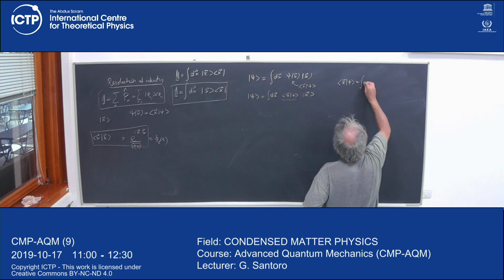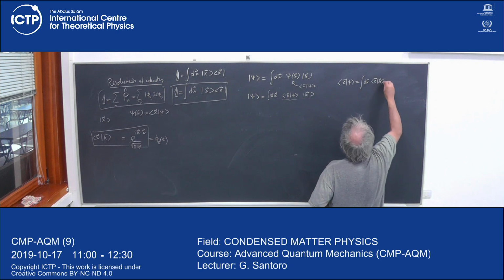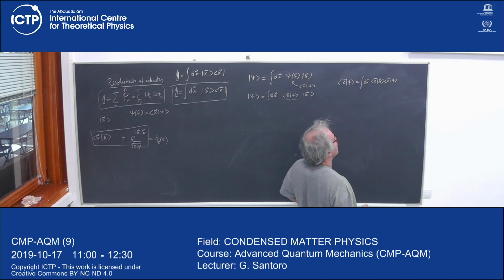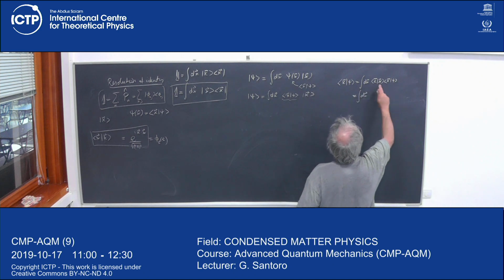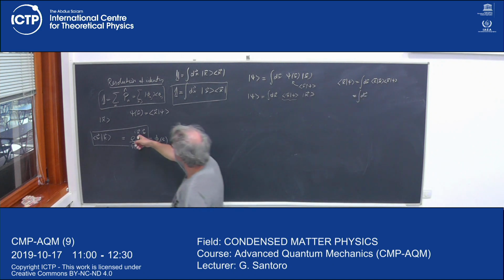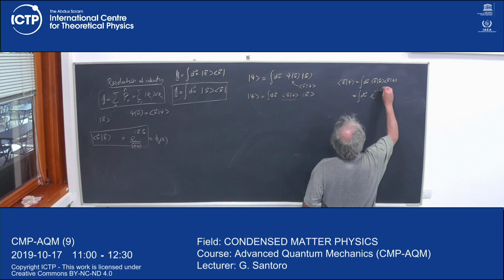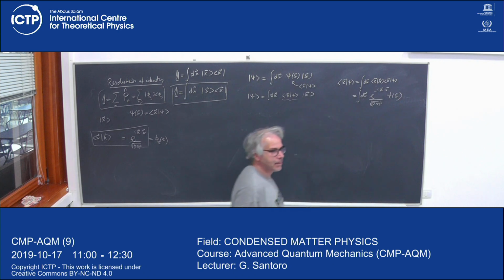So this is equal to the integral over x of ⟨k|x⟩⟨x|ψ⟩. So what is this? Integral over x of e to the minus i k x over square root of (2π)³ times the wave function ψ of x. Okay?